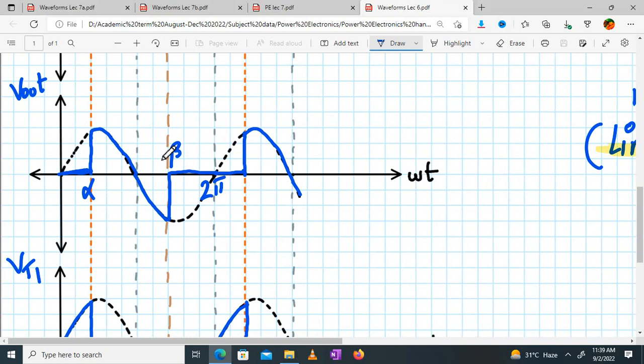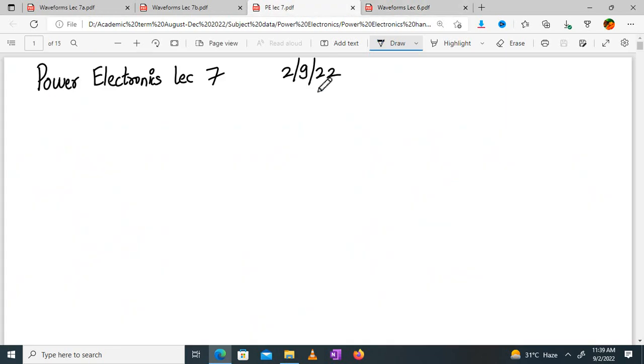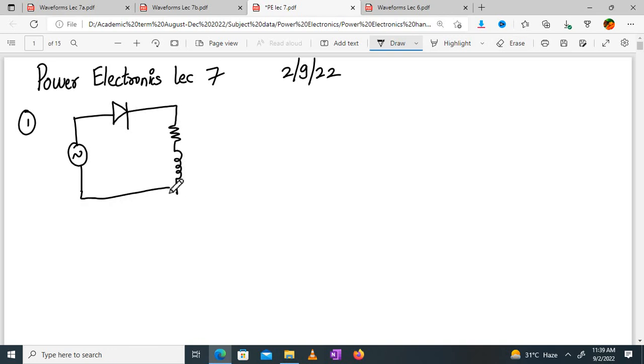Last time we used an RL load with an SCR. Here is the output.